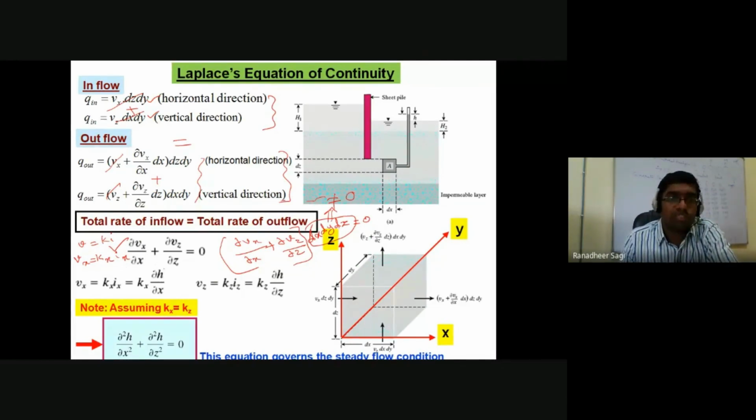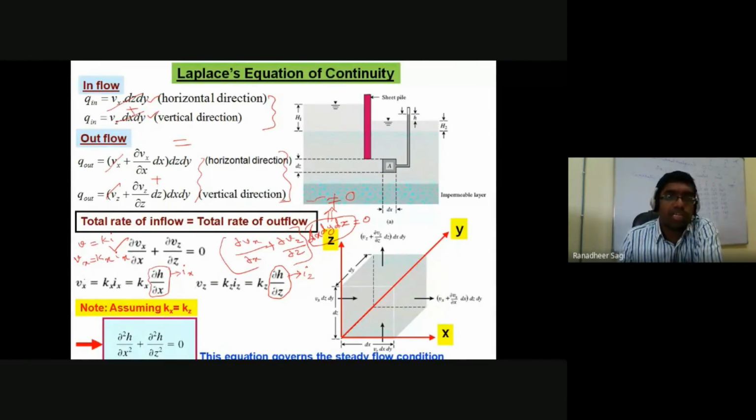So we can write it as dou h by dou x, which is what is called your hydraulic gradient in x direction. Similarly, dou h by dou z, because your total head has some variation because of the flow happening in z direction. That is what we call your hydraulic gradient in z direction.